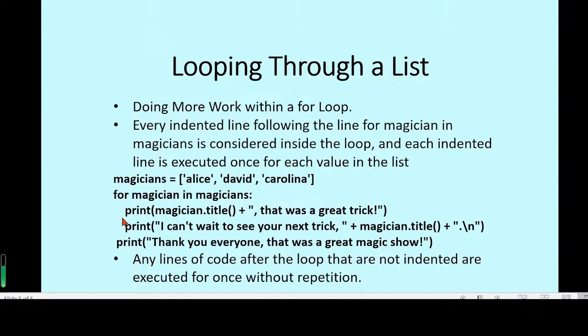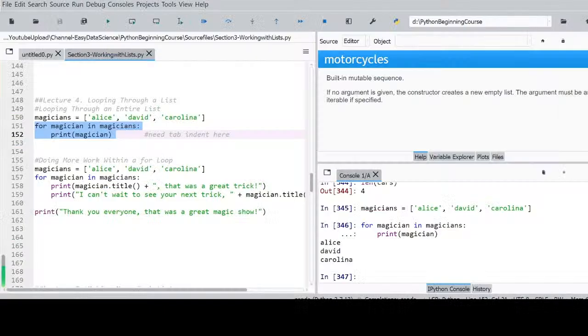We can write print magician.title(), that was a great trick, and print I can't wait to see your next trick, magician.title() name, then a new line. After this for loop finishes, we can print a single message. But this statement is not considered inside the loop. Any lines of code after the loop that are not indented are executed only once without repetition.